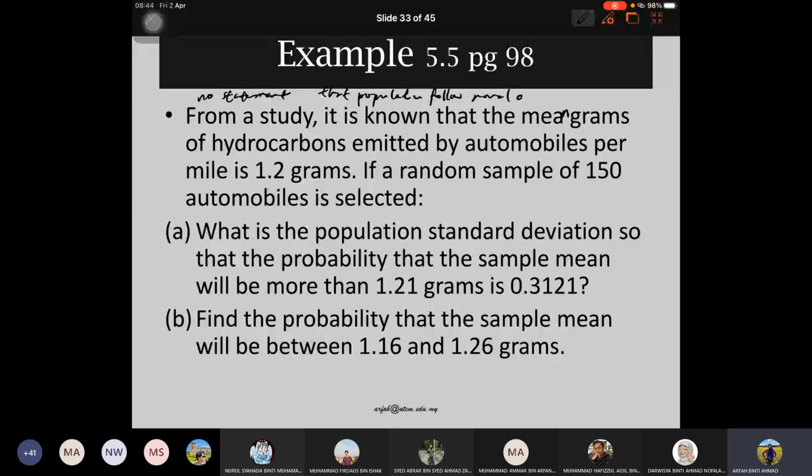Given n sama dengan 150, mu sama dengan 1.2. Okay. So ini adalah information yang dia berminat. So kita nak selesaikan soalan A. Boleh copy dulu apa yang saya tulis tu.